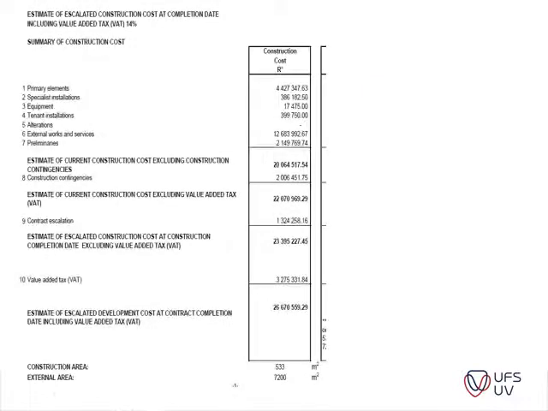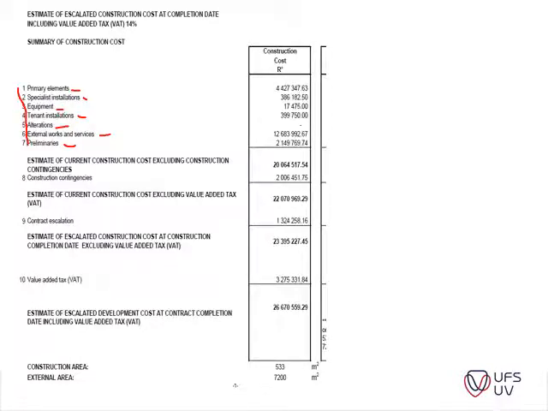Okay, so here's a little example of an elemental estimate. This is one that we've done a while ago. So you can see what you basically have is your primary elements, your specialist installations, equipment, tenant installations, alterations, external works and services. You have your P's and G's here, and you can see it's a much more comprehensive way of measurement.